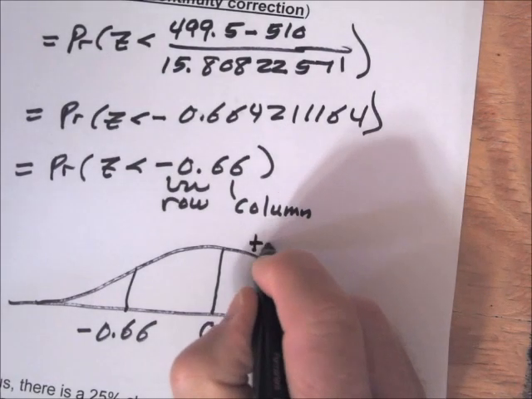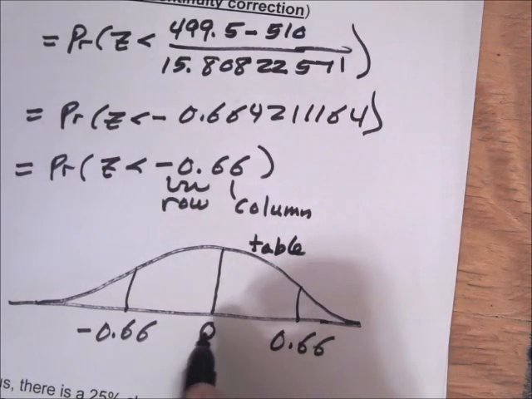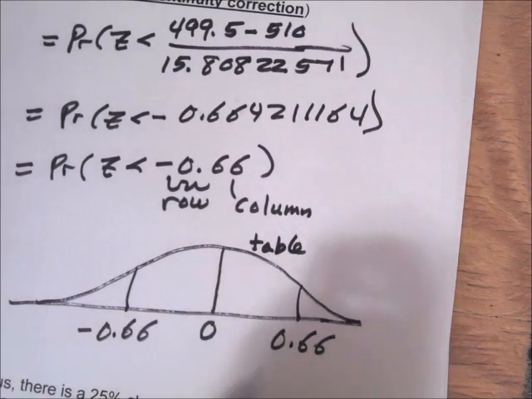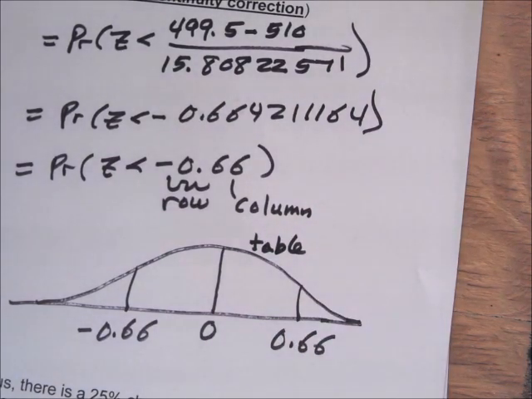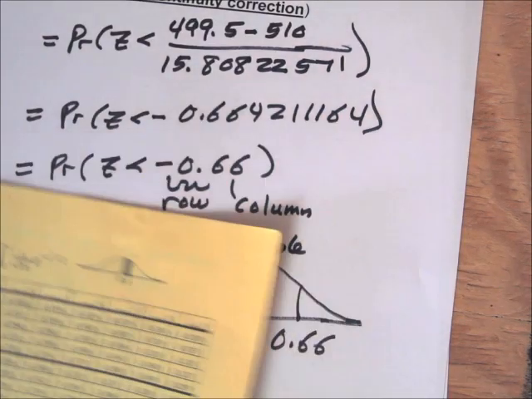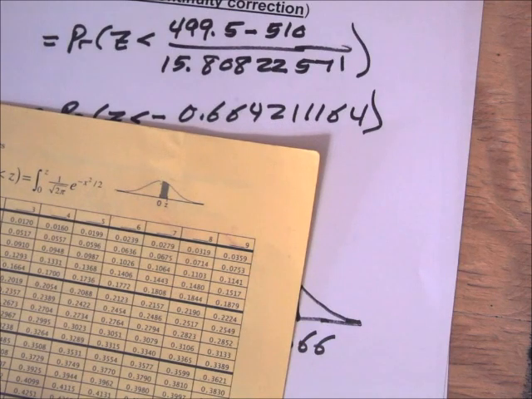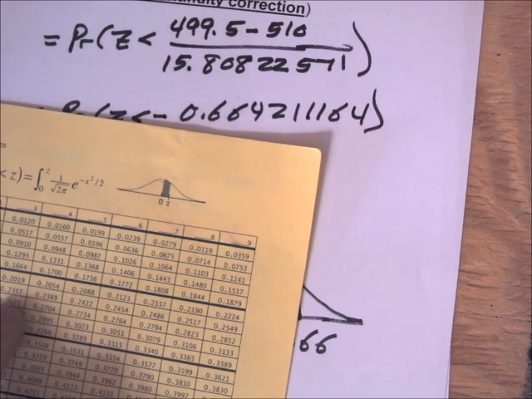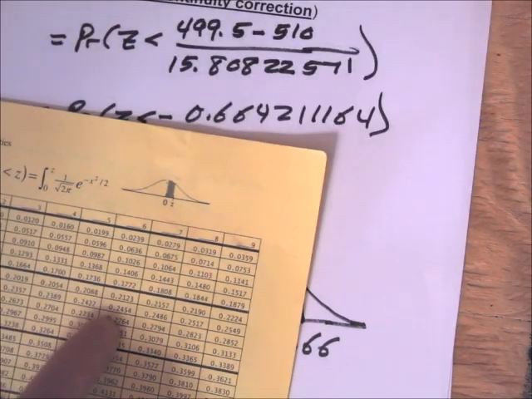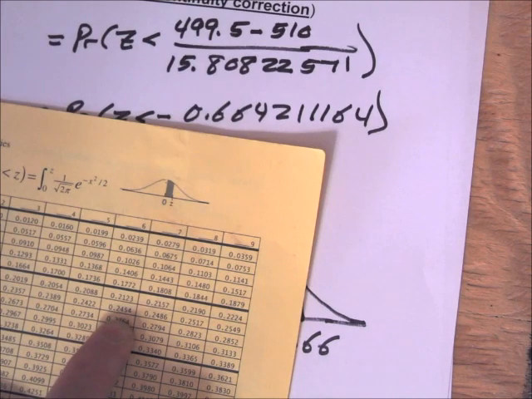So what's in the table is going to be the probabilities for the z-scores between 0 and 0.66, and then we can use the symmetry to get what we want. So 0.6, column 6, I get 0.2454.